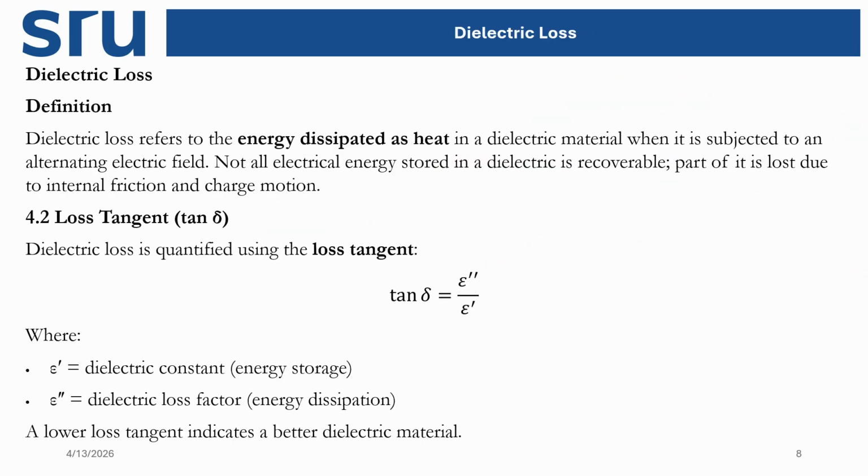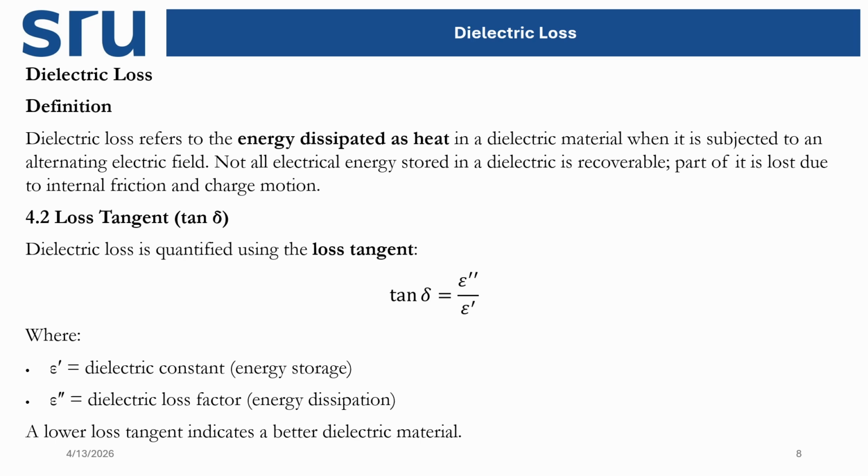So what is dielectric loss? Previously we have seen that we apply an electric field to a dielectric substance. When we apply the electric field, it will store electrical energy. How much will it store? If it is not storing much, then what other process is going on?